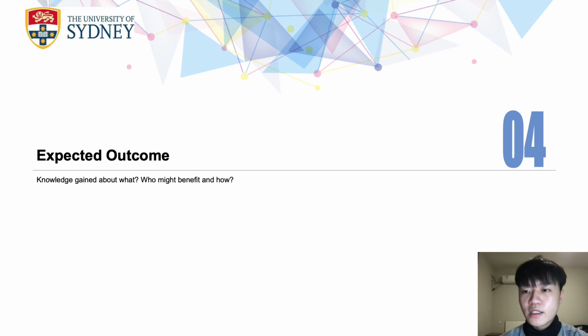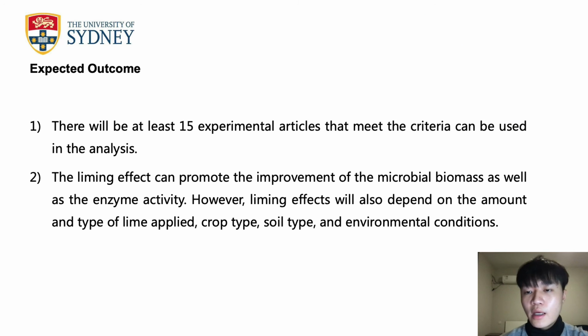In the next section, I'd like to talk about some expected outcomes of my research. Firstly, I'm looking forward to finding at least 15 useful experimental papers. This will determine the quality of my research. The more suitable articles I can find, the more reliable the research result will be.